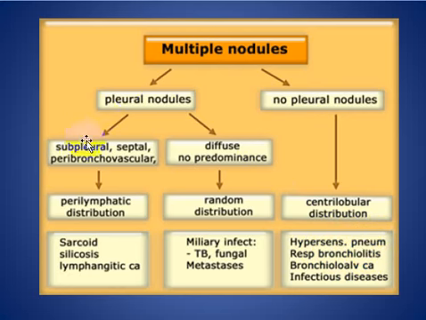If they touch the pleura, we have two patterns associated with septal thickening, peribronchovascular or subpleural thickening, and we have perilymphatic distribution, with sarcoidosis, silicosis, and lymphangitis carcinomatosa. If it is diffuse but randomly distributed, we have miliary infection, TB, fungal infection, and metastasis.